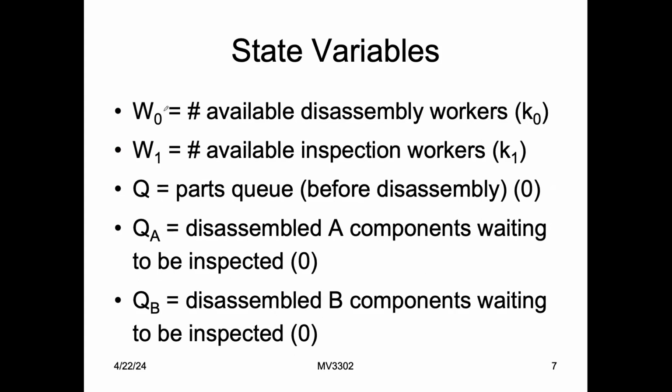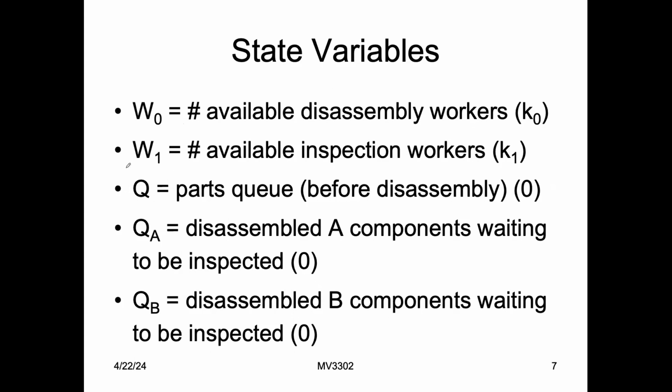Okay, so state variables. Informed by our experience with multiple server queues, so I'll call it 0 and 1. The available disassembly workers will start off with the total. The available inspection workers, likewise, will start with the total number of them, and they could be different.